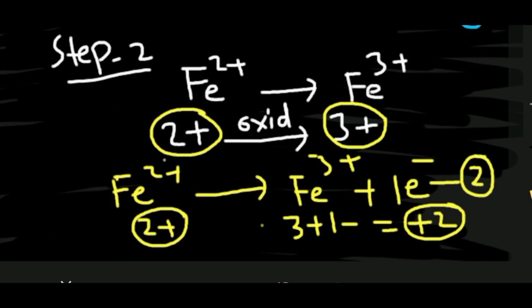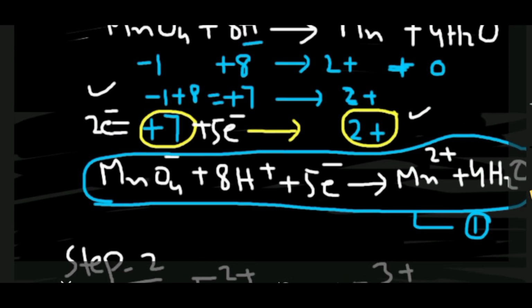Now we will add equation number 1 and 2, but before adding, we have to balance the electrons. In equation number 1, 5 electrons have been added, and in equation number 2 we have added 1 electron.